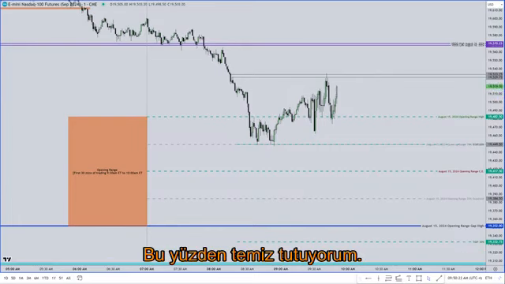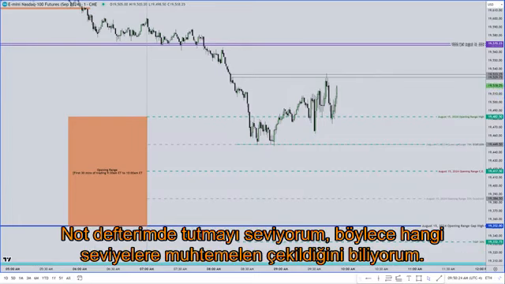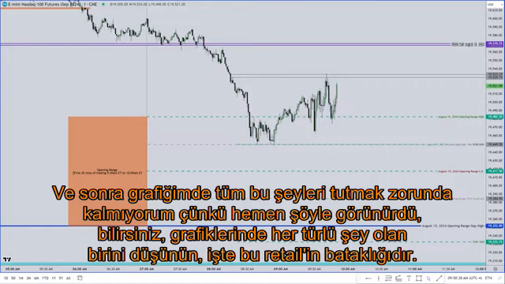So that's why I keep it clean. I like to keep it on my notepad, so that way I know what levels it's probably gravitating to, and then I don't have to have all this stuff on my chart, because right away it would look like, just think of someone that has all kinds of stuff all over their charts. That's a retail quagmire.